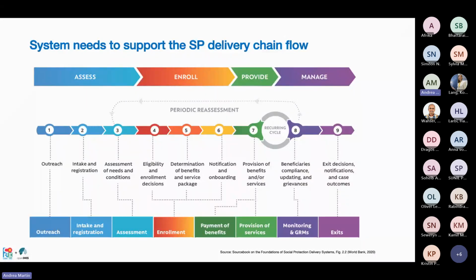There are 4 main steps: an assessment step, an enrollment step, the service or goods provision, and the management step. If we look at it a bit more in detail, we see that each of these steps can be broken down into different smaller steps or activities.